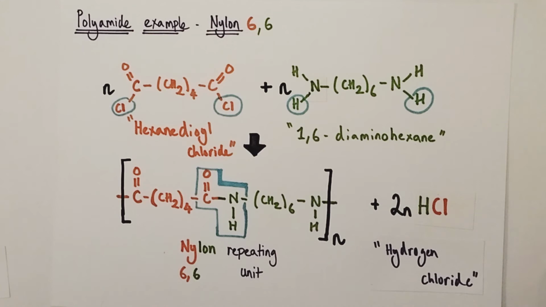As we've seen before in condensation polymerization reactions, the chlorine atoms either side of my diacyl chloride and the hydrogen atoms either side of my diamine will be removed in this reaction.